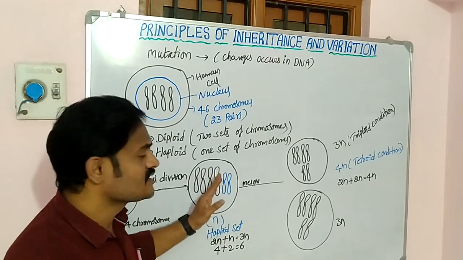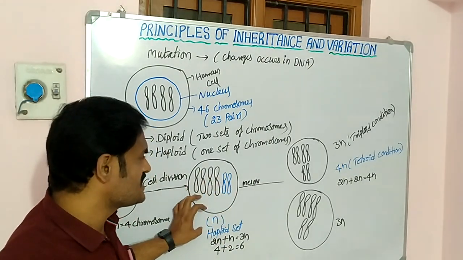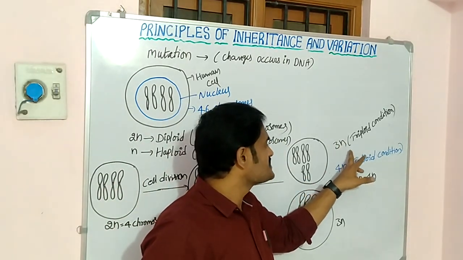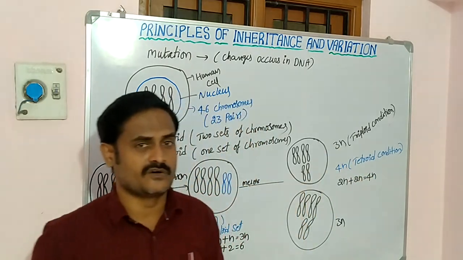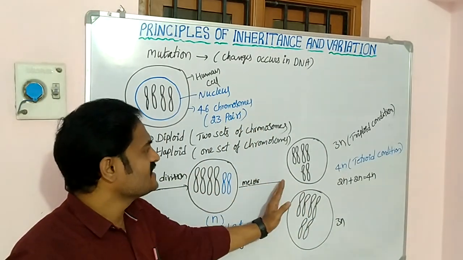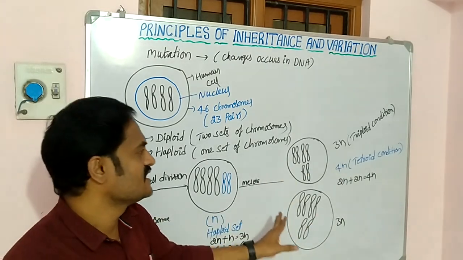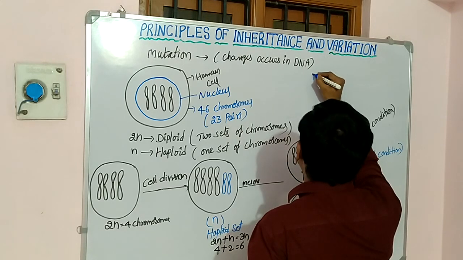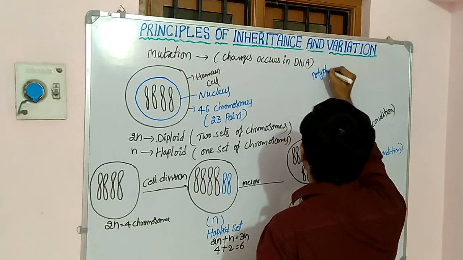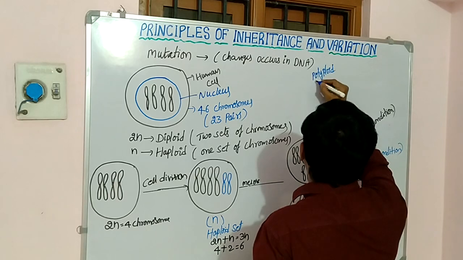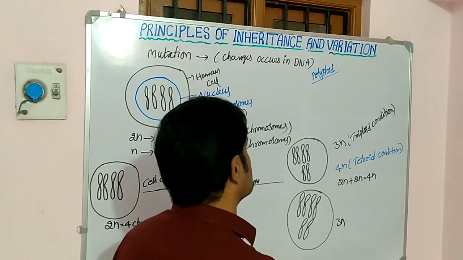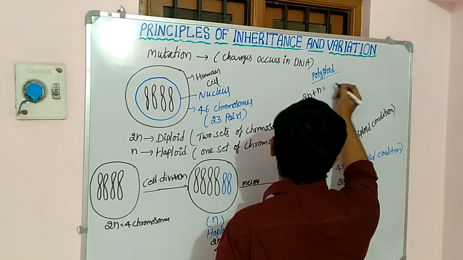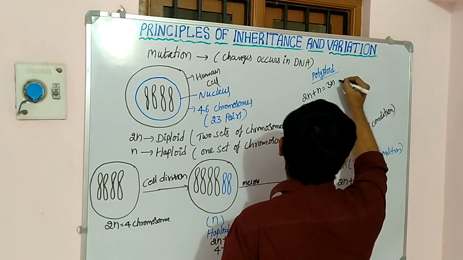So what is the condition? The 2n, that means the diploid cell, is sometimes converted into triploid, and the triploid cell is converted into tetraploid. These kinds of changes together are called polyploid. Remember, polyploid. 2n plus n equals 3n.